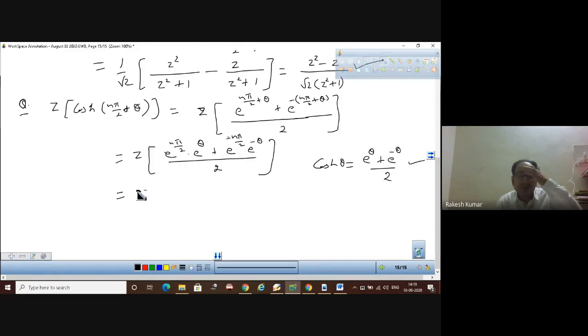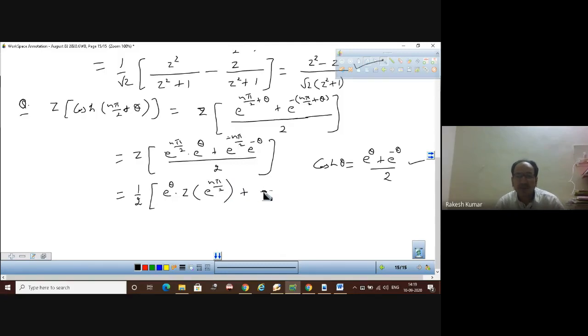What is this? 1 by 2 can be taken out by the linear property, and inside, e raised to power theta is a constant, because we don't know the value of theta. So e raised to power theta can be written here into the z transform of e raised to power n pi by 2.